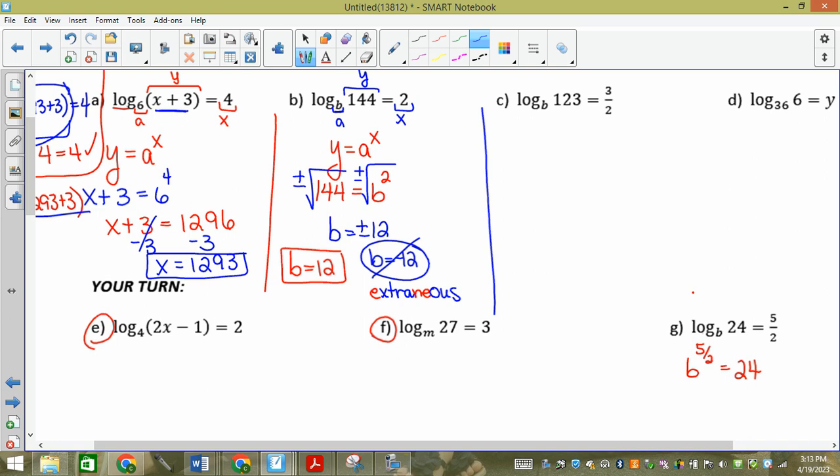How can I get 5 halves to turn to 1? I raise it to the power of 2/5. Because 5 halves times 2/5 is 10 over 10. And what's 10 over 10? 1. So this will cancel off. And then what I do to one side, I still have to do to the other. So you'll just go 24 to the 2/5.